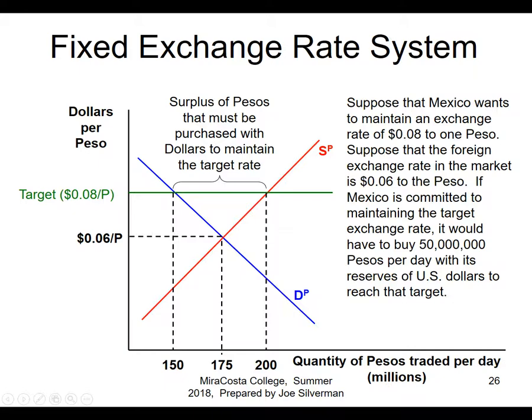So what would have to happen would be that the central bank would have to take its reserves and go into this foreign exchange market and buy up 50 million pesos per day to maintain that exchange rate. And as long as it has the foreign reserves to do that, it can maintain an overvalued currency. I'm not sure that would be a good thing to do with its foreign exchange reserves, but it could do that.